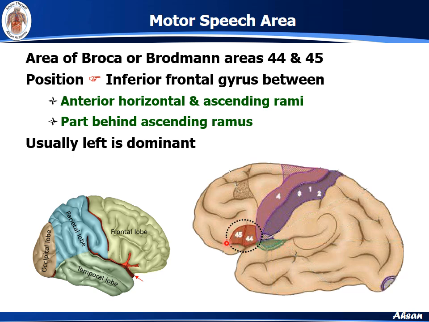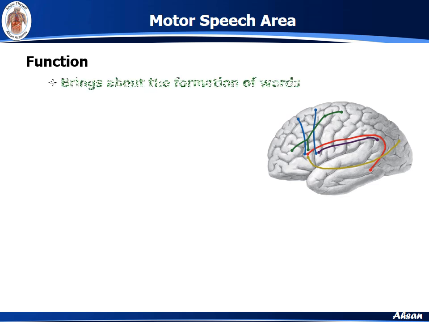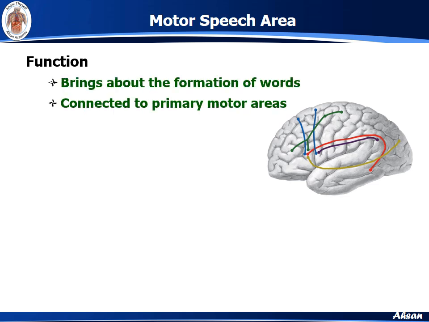This area is usually dominant on the left side. That is, the left hemisphere is dominant for the motor speech area. Primary motor area contains the motor neurons that regulate the formation of words.